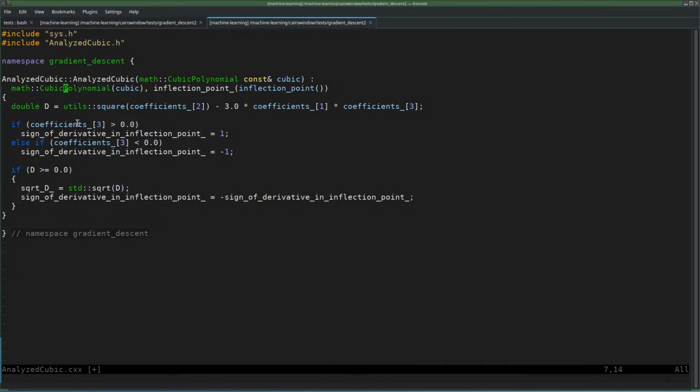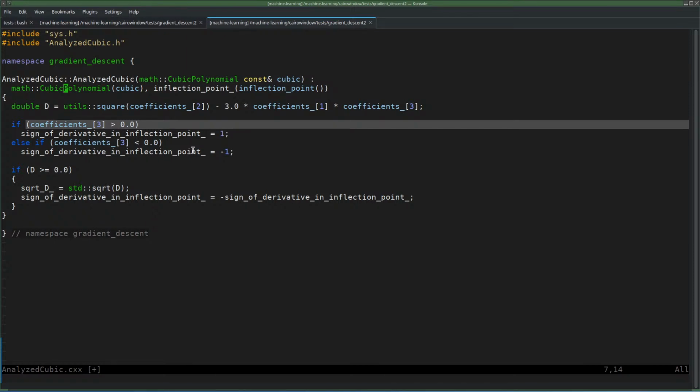So if coefficient 3 is negative, we go to minus infinity, and if it is positive, we go to plus infinity. Which obviously means that very far to the right, that determines the slope. Thus, if this is positive, then the slope is positive far to the right, and since it's monotonically rising, the whole thing is positive. Therefore, the sign in the inflection point is positive.